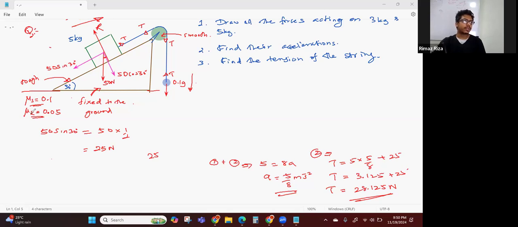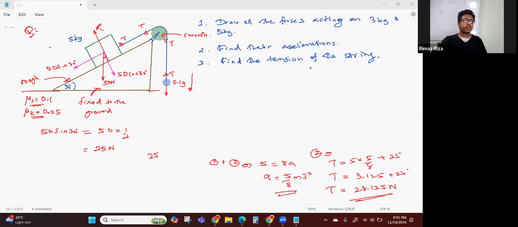Now when it's accelerating, you need the kinetic friction coefficient. To find the acceleration only mu k is enough, but I give mu s because first you have to identify whether it will accelerate or not, right?